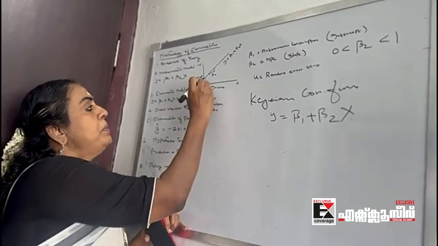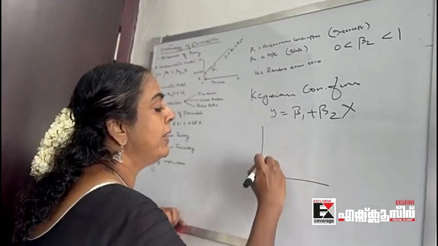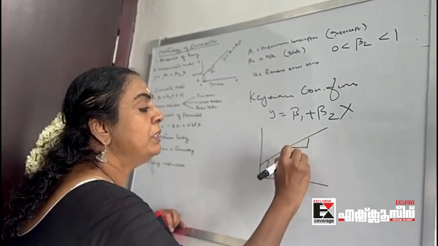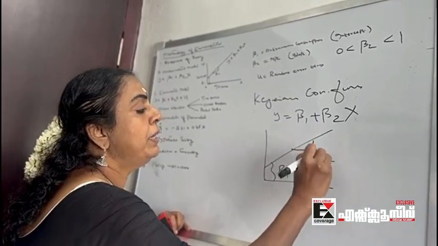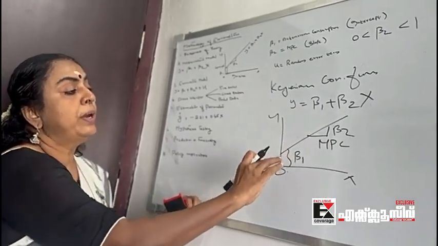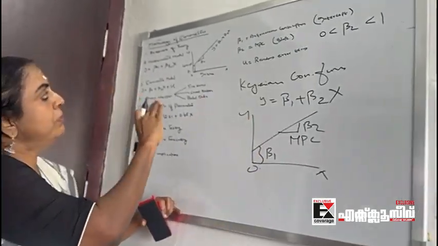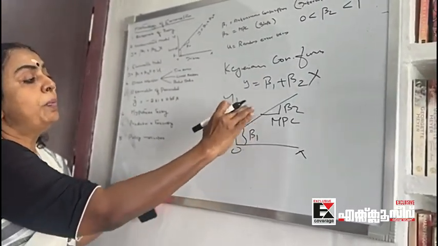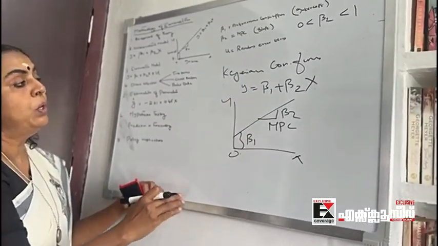So, here this marks beta 1, and the marginal propensity to consume will be beta 2. This is a regression line where you can show that the theory of the model is expressed in the form of a function with two parameters, beta 1 and beta 2.